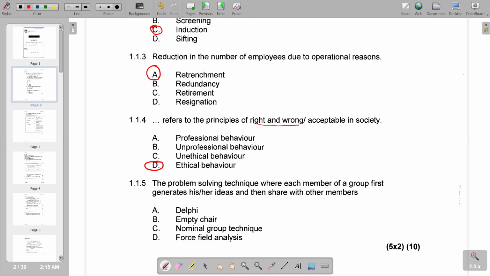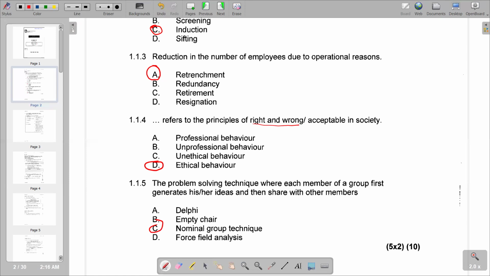So we go to 1.1.5, the problem-solving technique where each member of a group first generates his or her ideas and then shares with other members. We have got Delphi and force field analysis. The correct response is the nominal group technique, which is our C. It is a method of group brainstorming that encourages contributions from everyone and facilitates quick agreement on the relative importance of issues, be it problems or solutions.